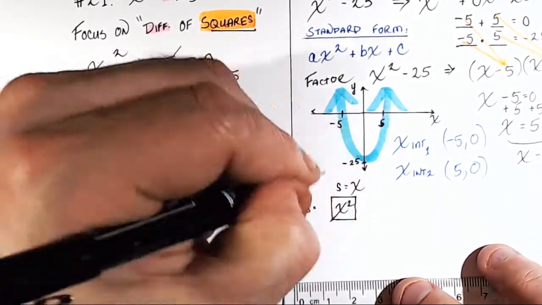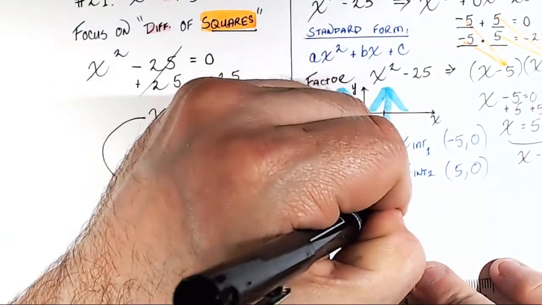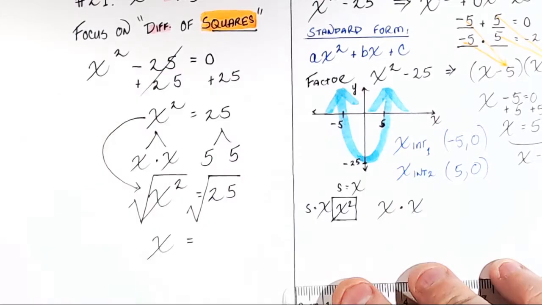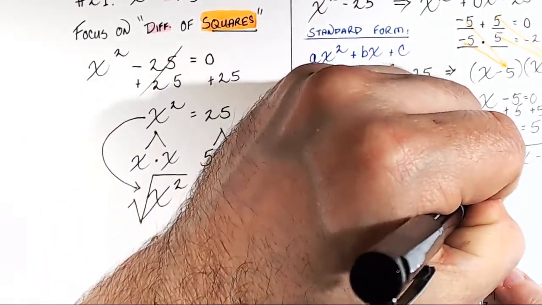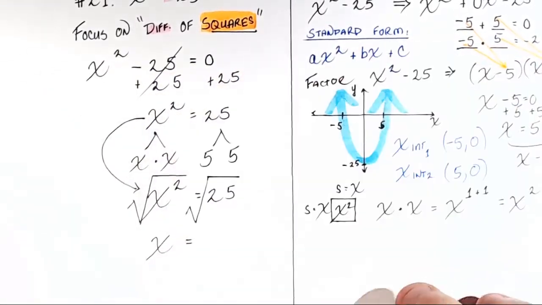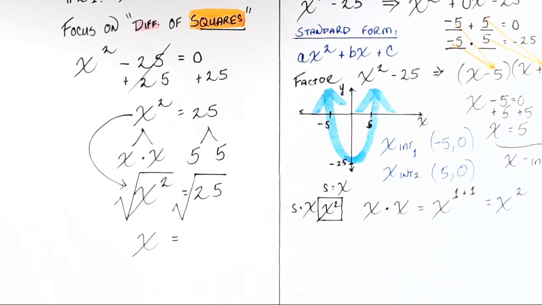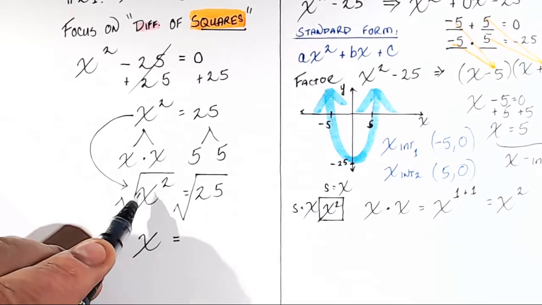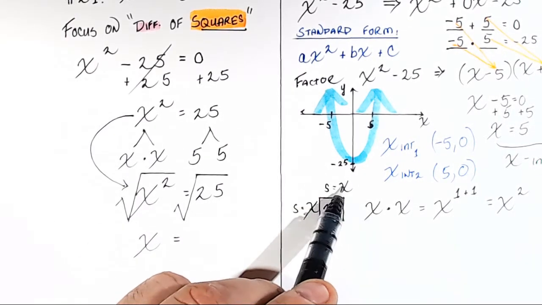Well, the side lengths are going to be x and x because x times x, use your exponent rules, equals x to the 1 plus 1, or x squared. Now, this is not necessary for the problem. I'm trying to help you integrate some of the things that we've been talking about. Okay? So that's why the square root of x squared is x.